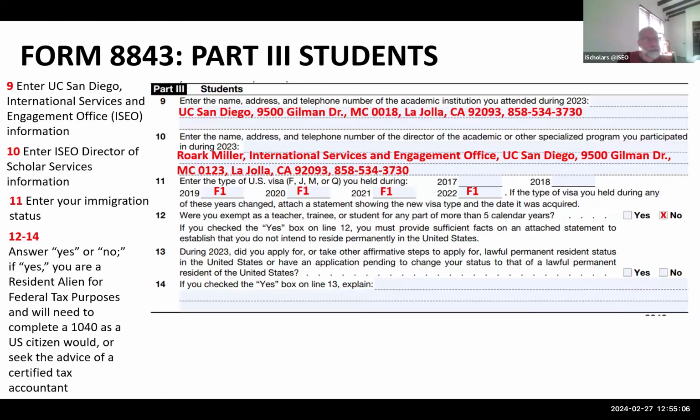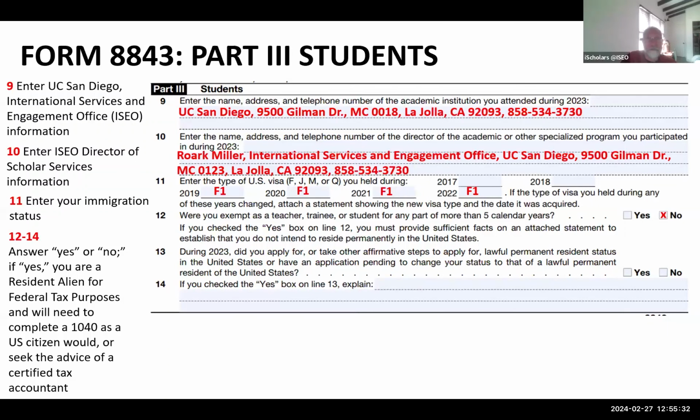Next question. If I've not received any US income, do I only need to file 8843? That is correct. If you have no US source income, then for your federal tax filing obligations, you only need to file the form 8843. If you have other income, you may need to file a California tax return because California sources income based on where you do the work.